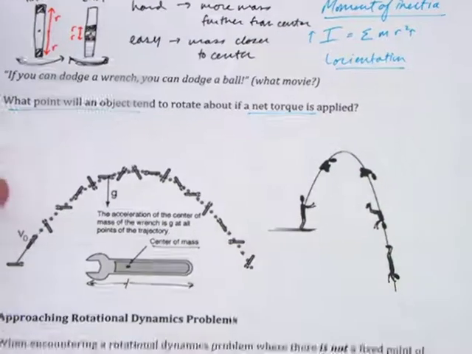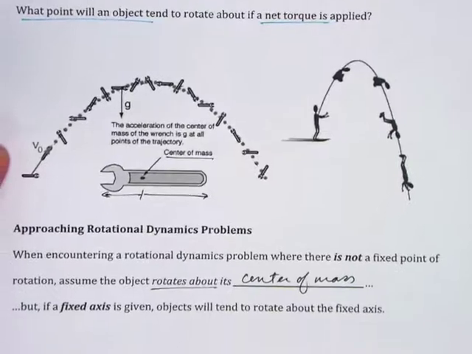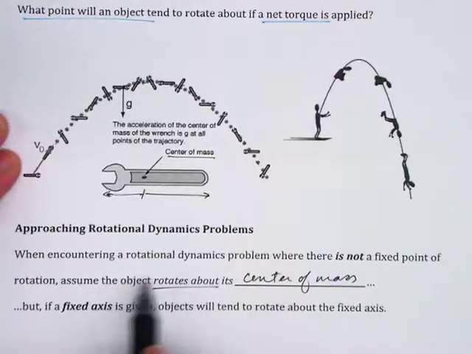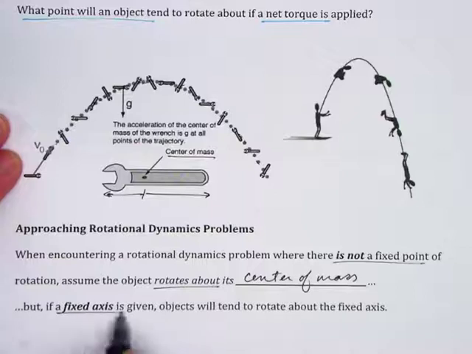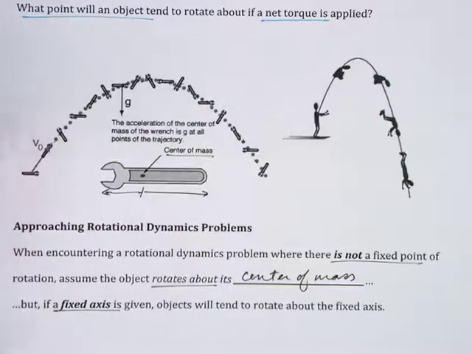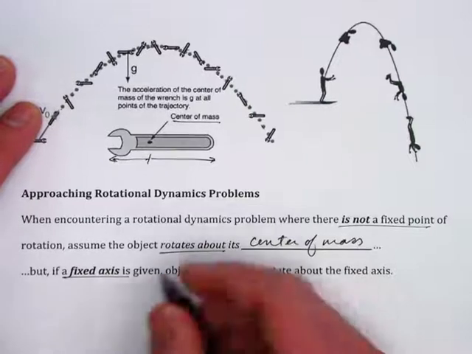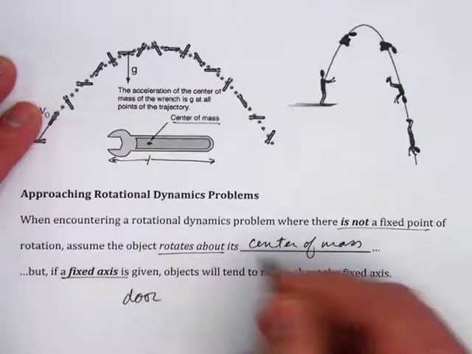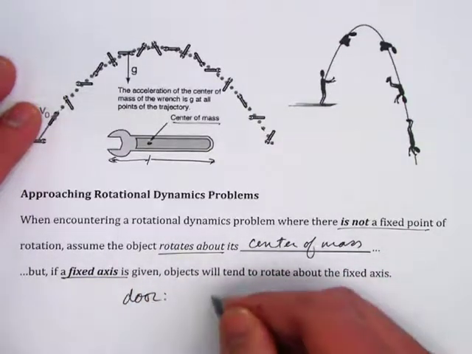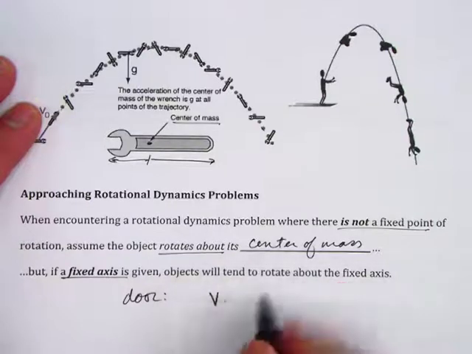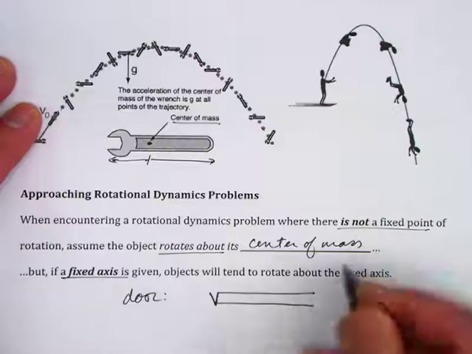Now, we have other types of problems with rotational dynamics, not those where it's free to rotate without a fixed point, but objects where you have a fixed axis given, and then they're forced to rotate about that axis. A classic example of these are door problems. Like we have a door that's hinged, say, at some wall here, and the door is attached to that hinge.